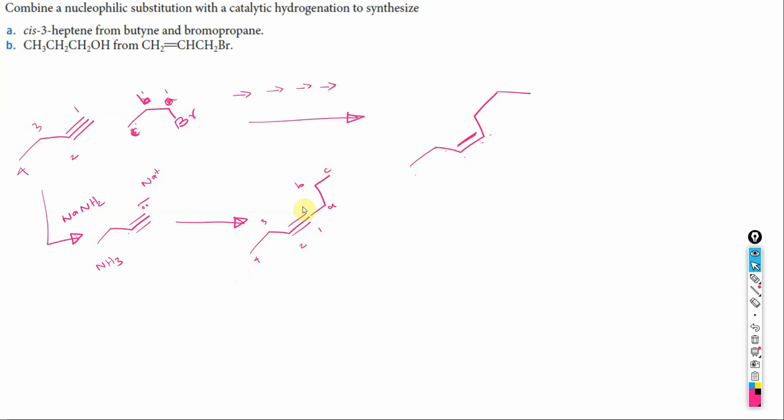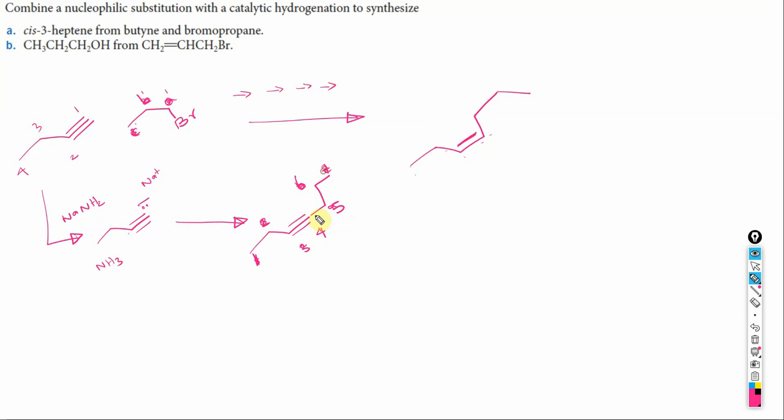And now that we have understood how the carbon-carbon bonds are here, we can now just go ahead and label this 1 through 7 so that we know how to make this compound go to the final product structure. So this is carbon 1, 2, 3, 4, 5, 6, and 7.